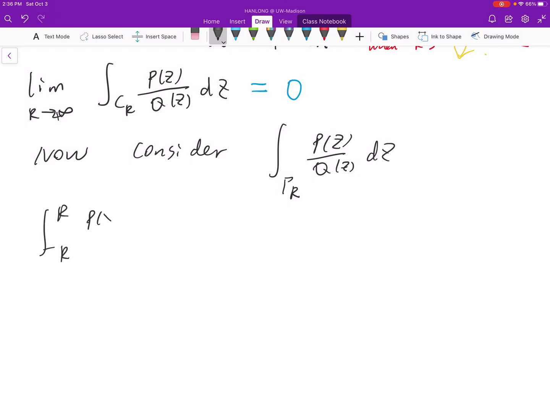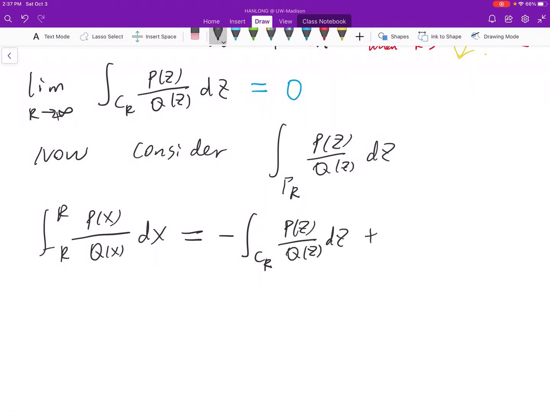So we can conclude the integral for x from negative r to r of P(x) over Q(x) dx is minus the circular line integral plus 2 pi i times the summation of residues.